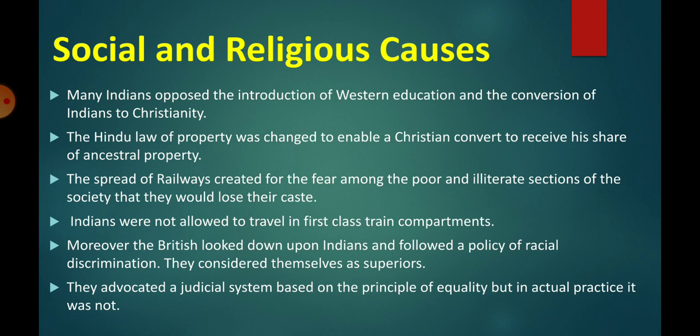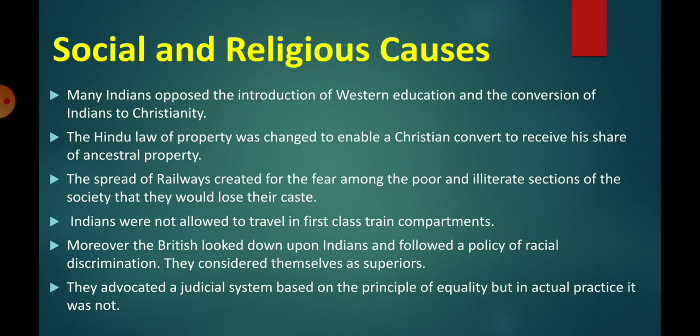It created fear among the poor and illiterate people, and they thought that they would lose their caste, because in the railway many people travel in one compartment, and at that time untouchability, chhuachut bhedbhav, was common, and they thought that by railway we would lose our caste.